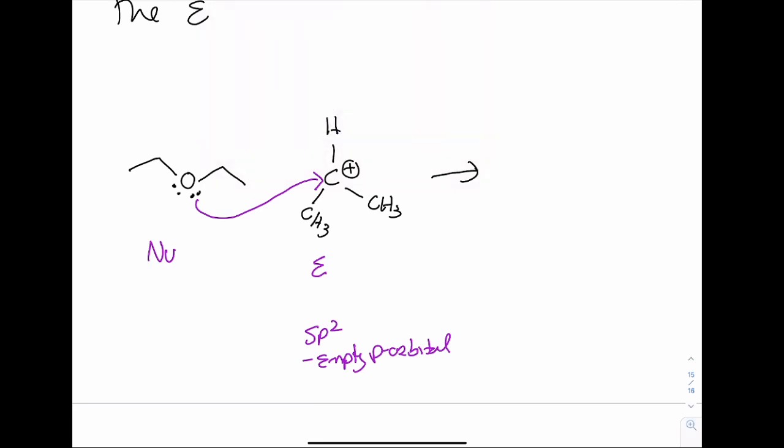And then if I draw my product, it's going to look kind of weird because I didn't break a bond, I only formed a bond. So that oxygen is bonded to that carbon, and then that carbon still has a hydrogen. It still has the two CH3 groups. And then that oxygen has a lone pair, and it's like half skeletal and half not.